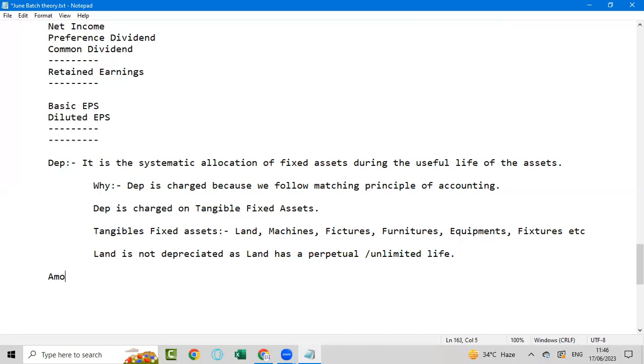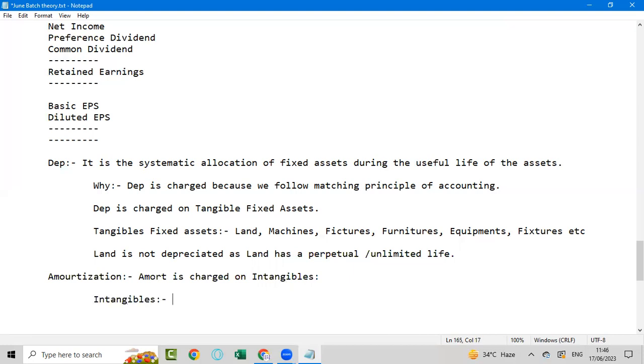Next item is amortization. Amortization is charged on intangibles.